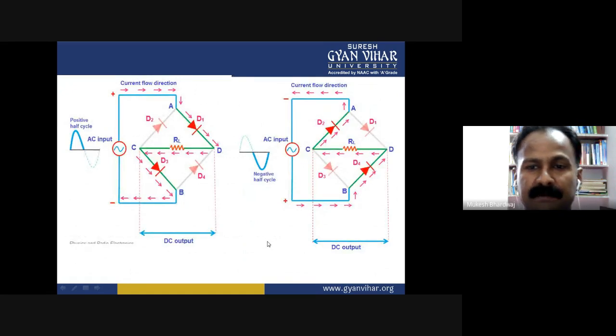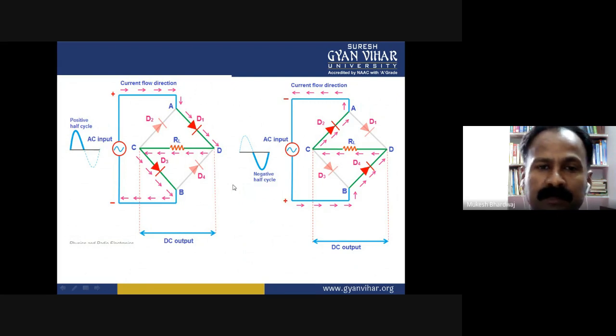So this is a diagrammatic representation of conduction of diodes through the positive half cycle and through the negative half cycle. In both arrangements, you see that the load resistance gets the current in the very same direction.